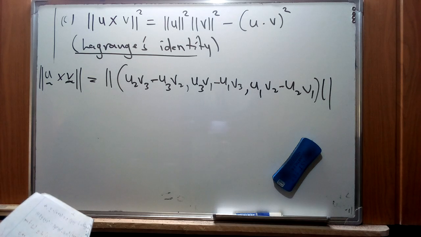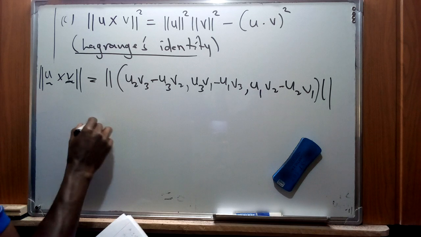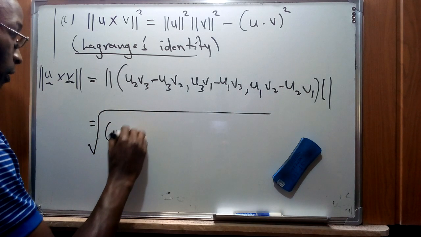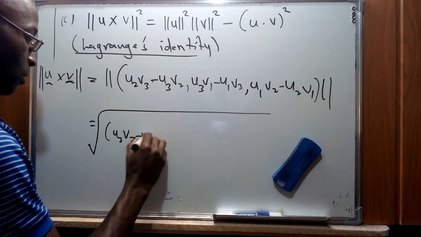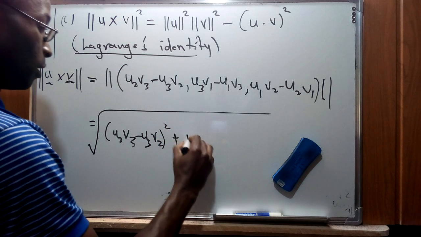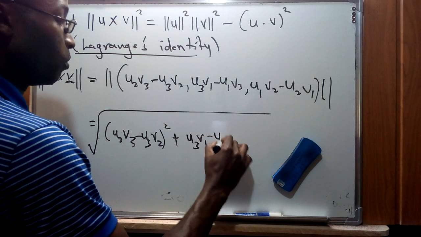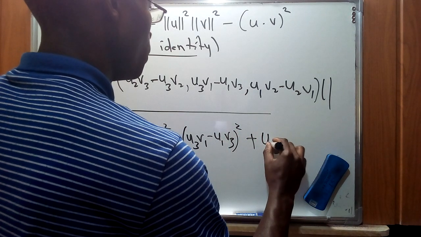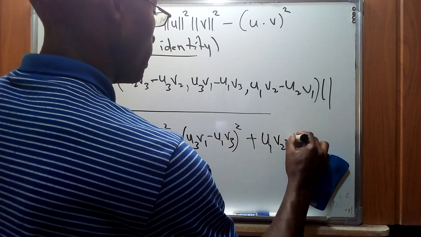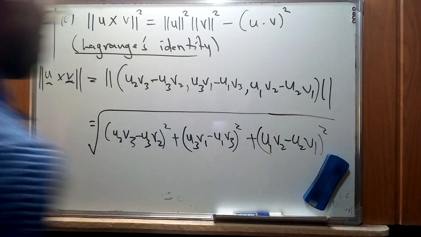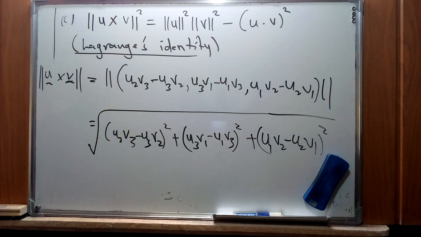So in finding the norm, we'll find that this is going to be, of course, U2 V3 minus U3 V2 squared plus U3 V1 minus U1 V3 squared plus U1 V2 minus U2 V1 squared. So that is going to represent the norm for this specific vector.